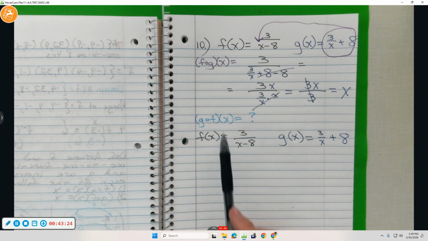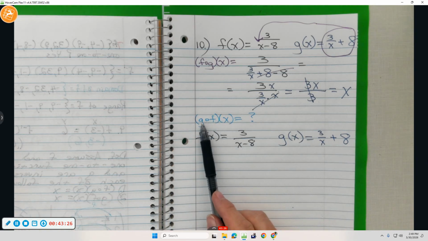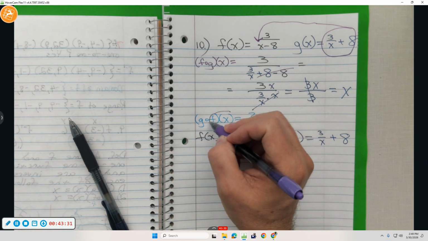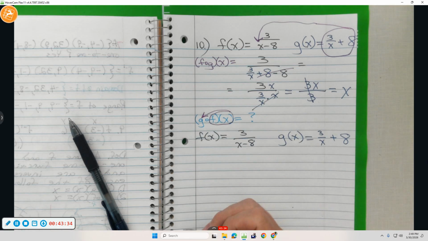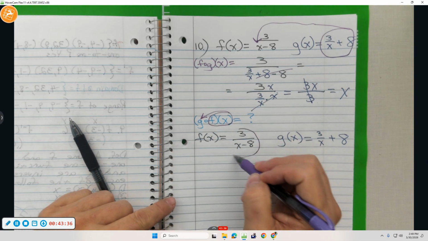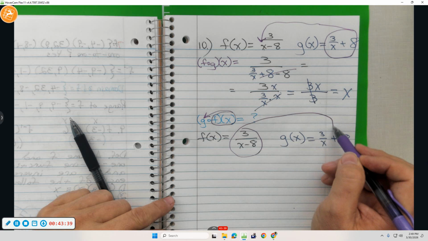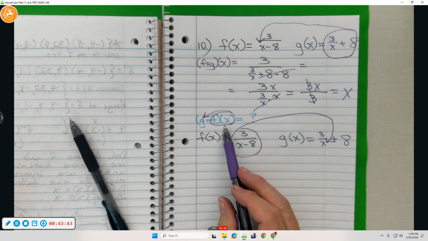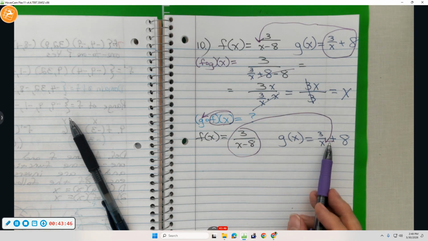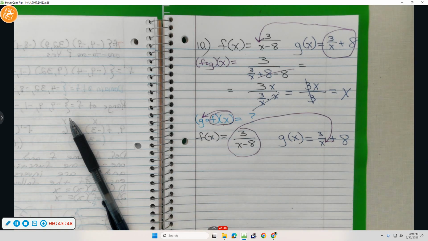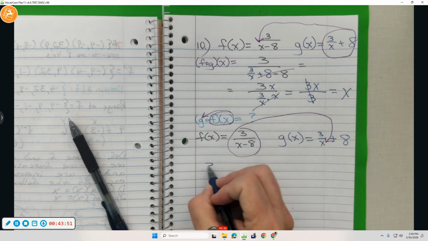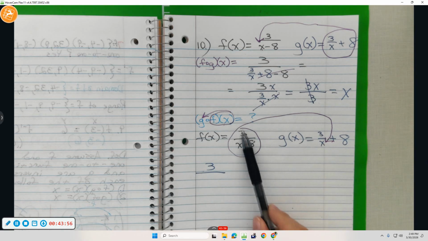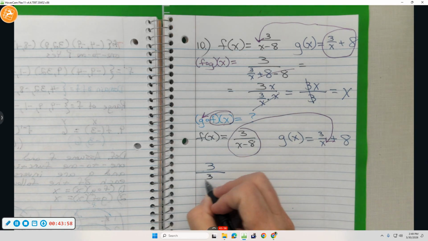So now, g composed with f. That means you're taking f and plugging it into g. Did y'all follow that? We're taking f, plugging it into g. So we have that 3 over, and we're going to replace the x with that 3 over x minus 8.